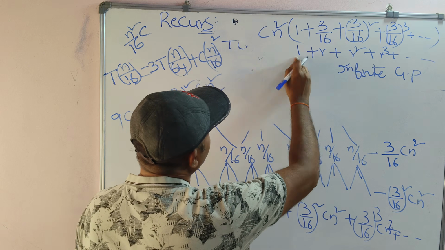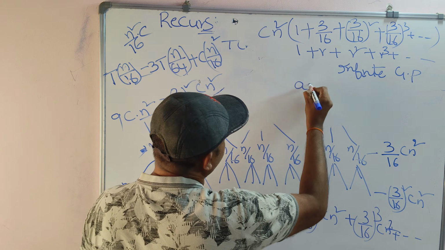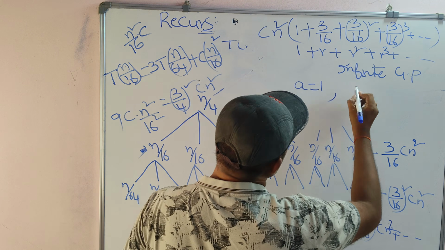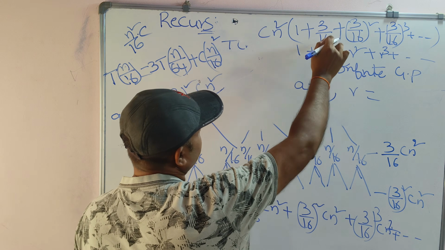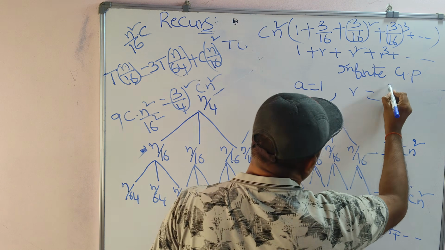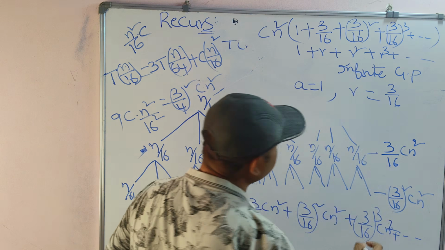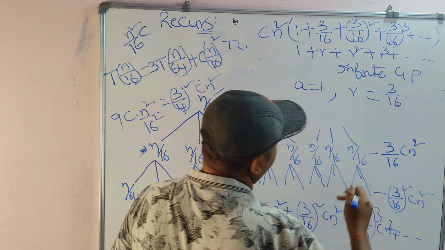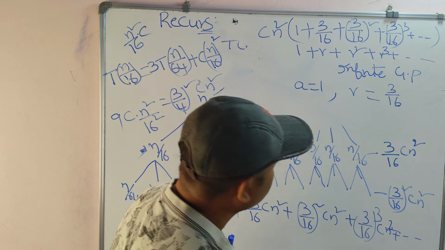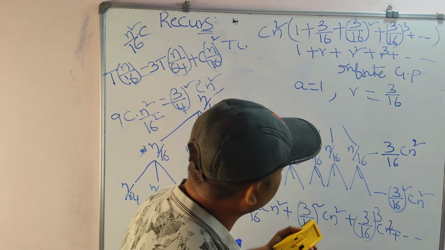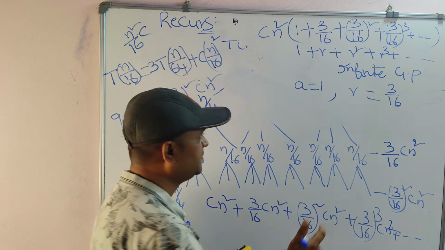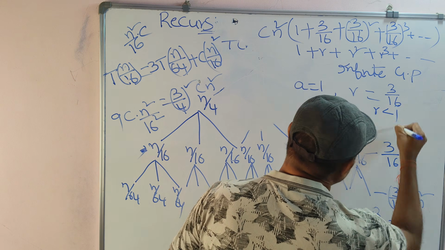Here what is the A value? A means the starting term, that is 1. Whereas R means the ratio, so R is 3/16. Since 3/16 is less than 1, we can say that R is less than 1.